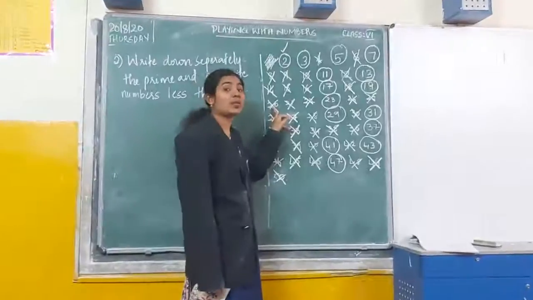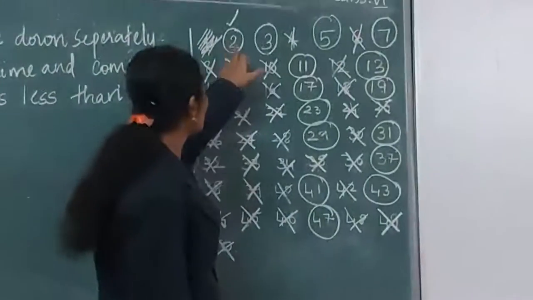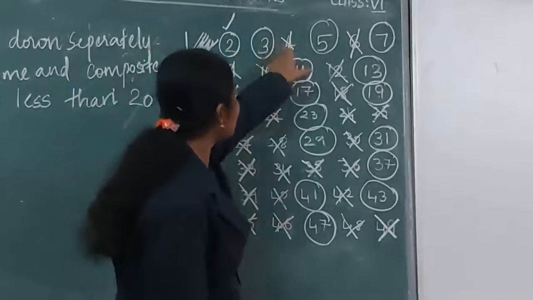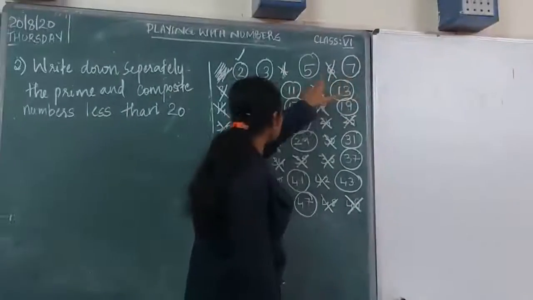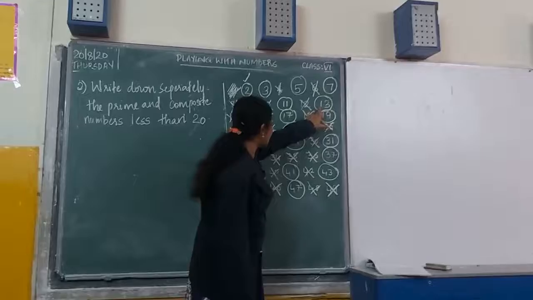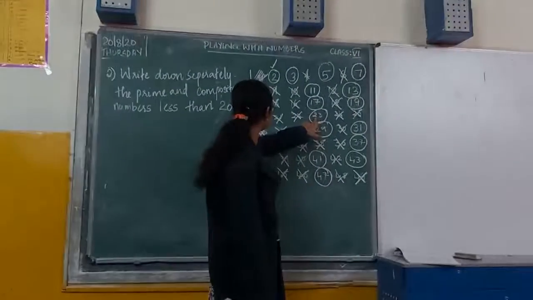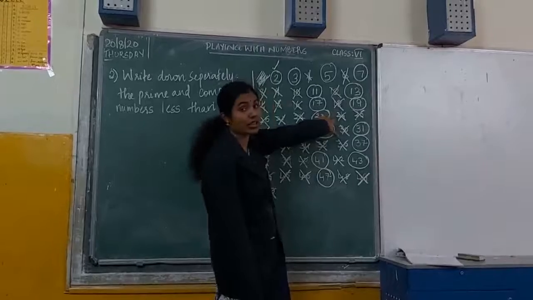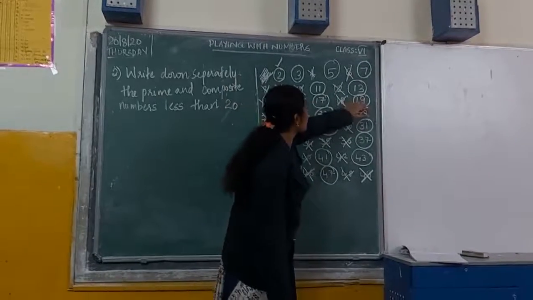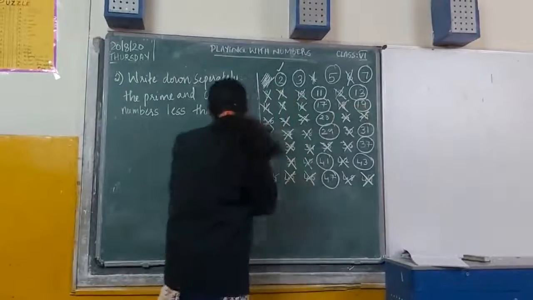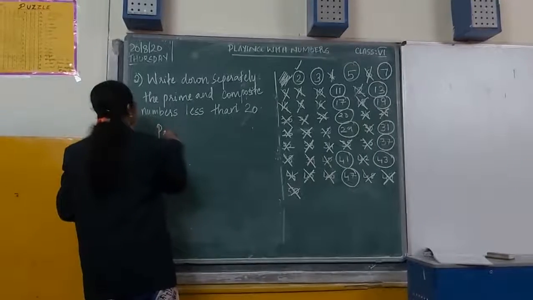In this, which are the prime numbers? 2, 3, 5, 7, 11, 13, 17, 19, 23. Sorry, 23 we don't need. Less than 20 only needed. So which are the prime numbers?